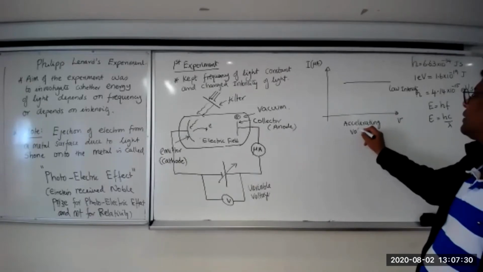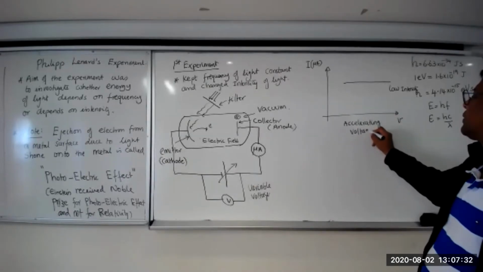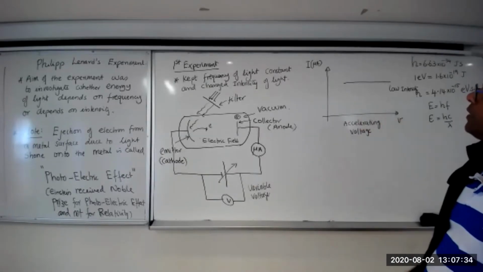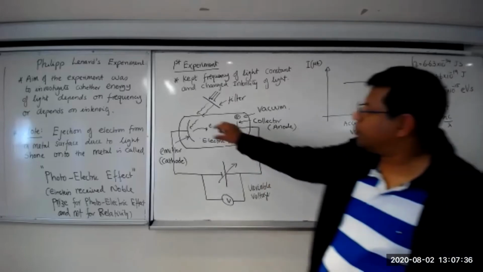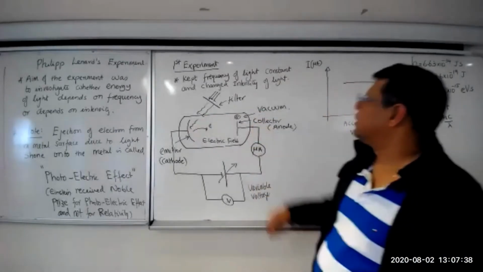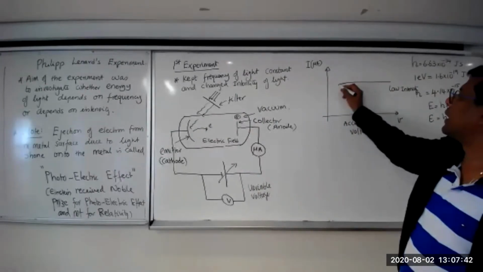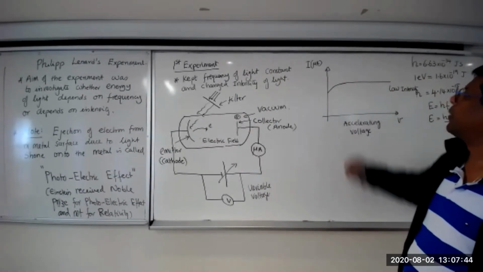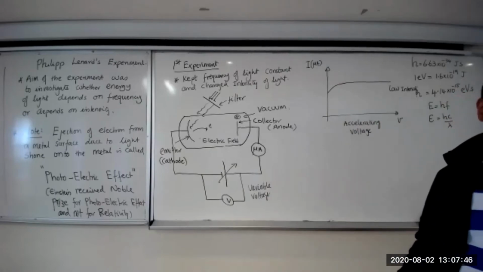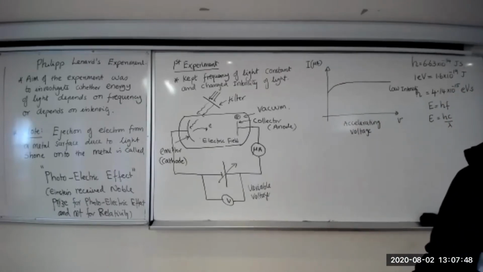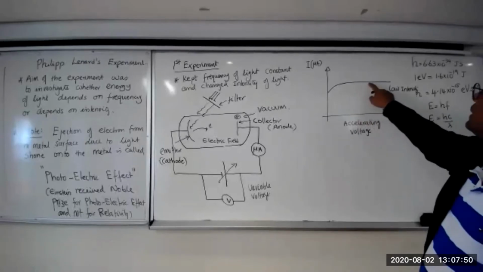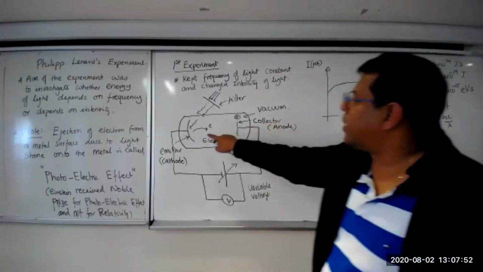What they found was even if you have a small voltage, positive accelerating voltage enough to pull all the electrons to the collector. But when that accelerating voltage is getting zero, you can see it dropping off some current. The reason is there is no increase in current here. There's a limited number of electrons.